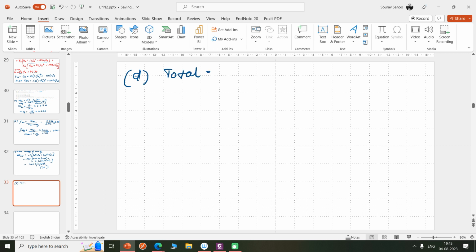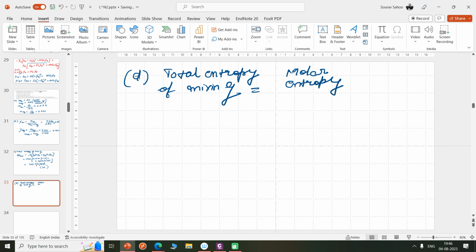So total entropy of mixing will be equal to molar entropy of mixing times number of moles of solution.